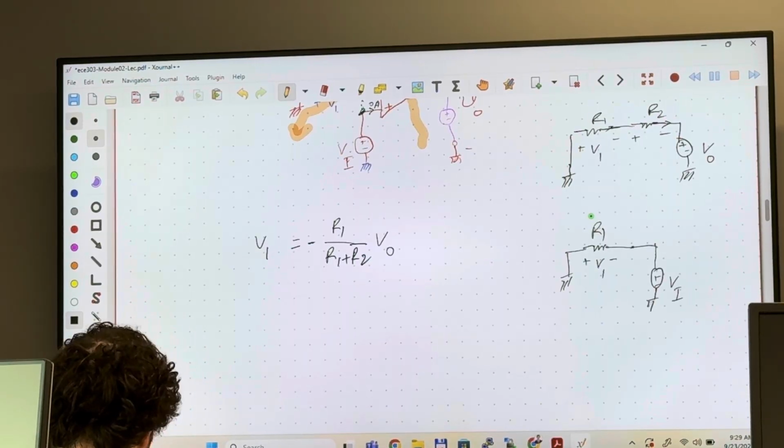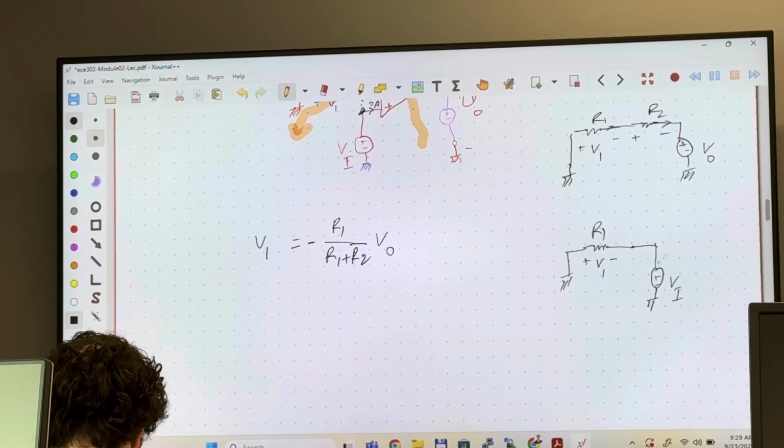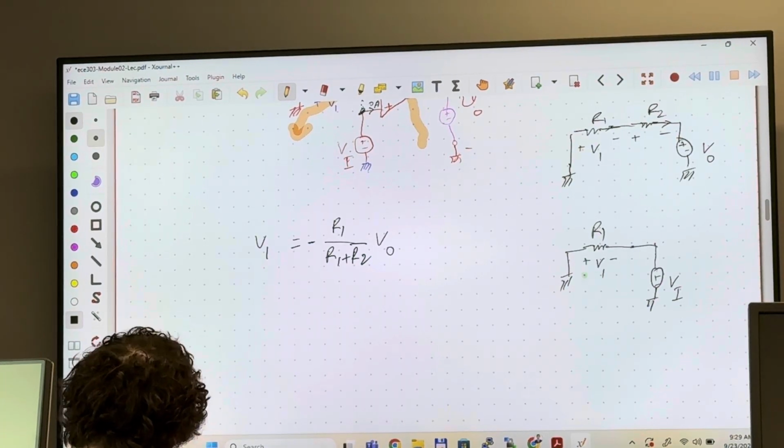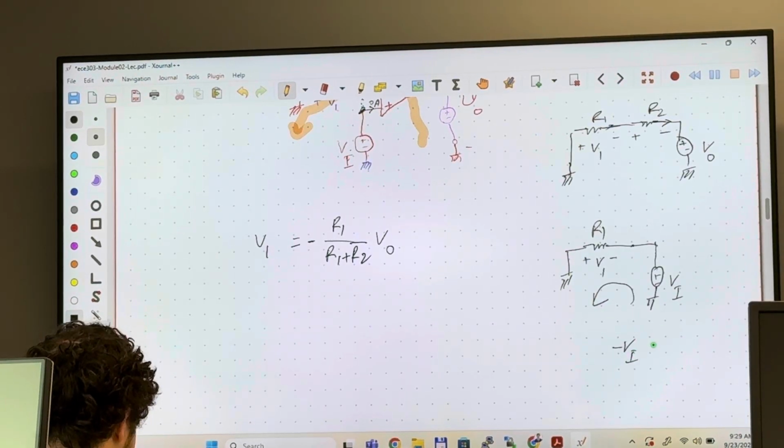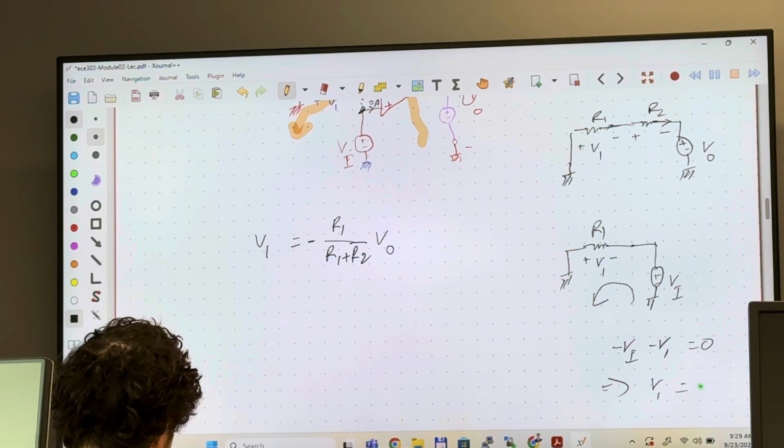So therefore, the voltage across this resistor is going to be exactly the same as this voltage. So if you simply put a KVL here, you have negative V sub I, negative V1 equals 0. So therefore, V1 is going to be negative Vi.